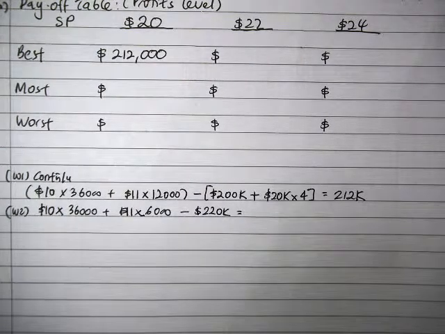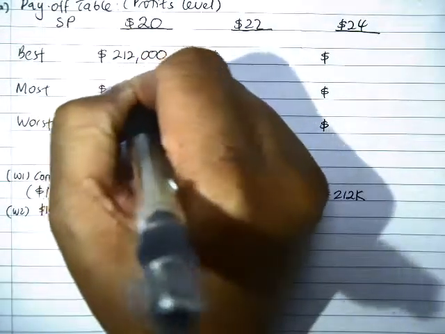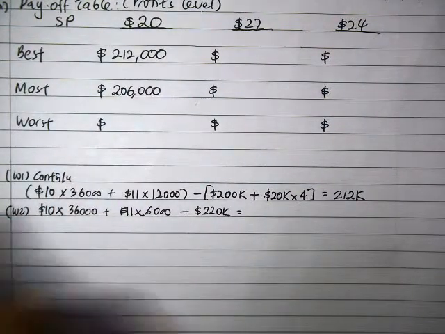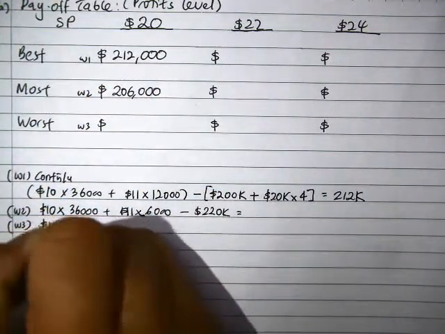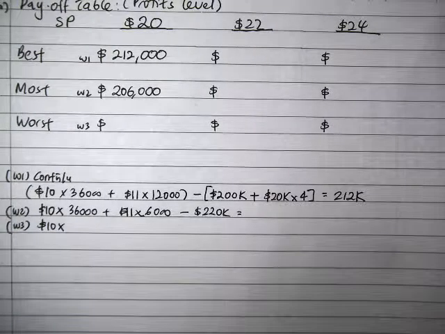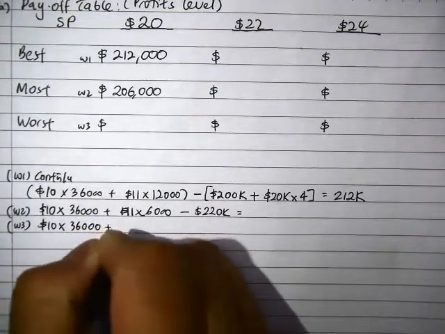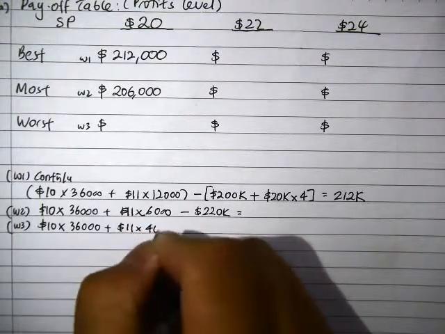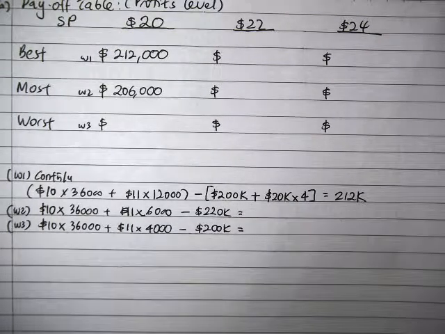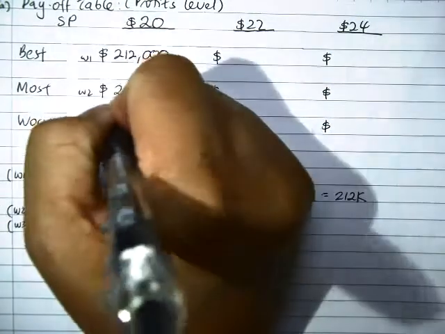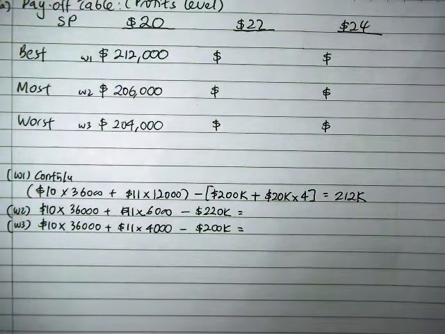You should know how to get the figure. 36, so 206,000 is working 1, working 2, $36 plus 11 times 4 minus 200. So 204.